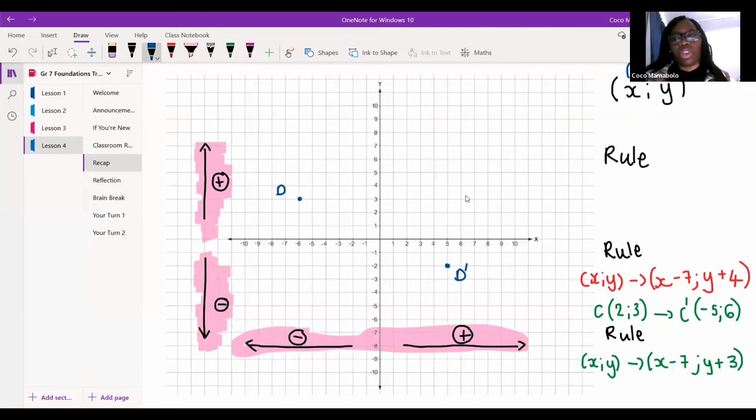Give me the coordinates for D and D prime. Please, guys, in the chat, let's go. Thank you, Roland. Always just like on the money. And Masichaba and Somila, guys, amazing. -6 and 3. Well done.